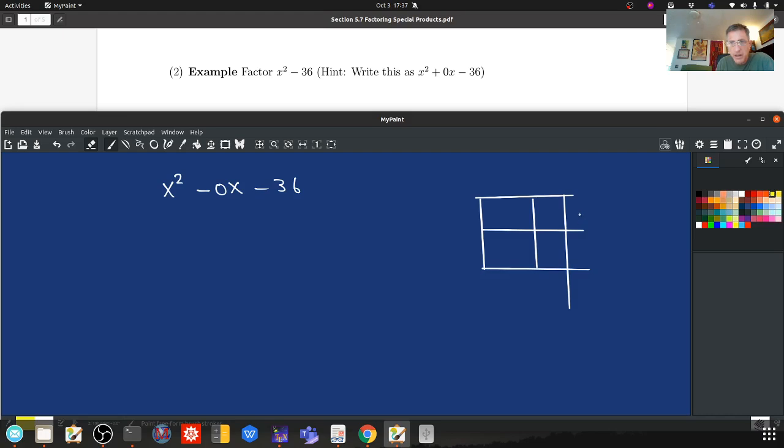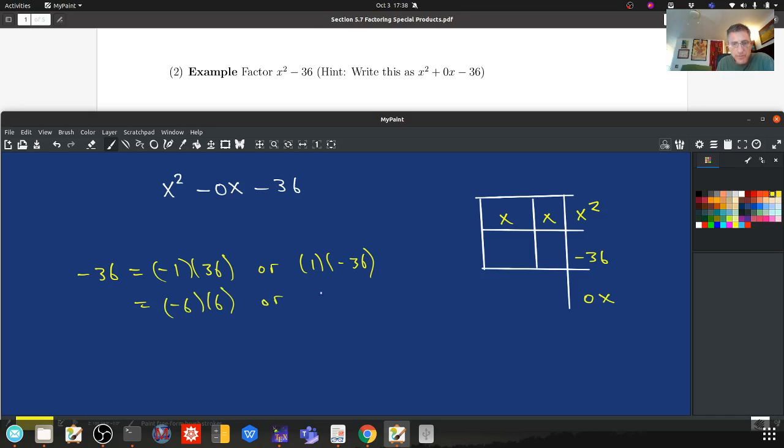So I have x squared up here, then minus 36 here, and 0x here. So again, that's going to be x times x, and minus 36 is equal to minus 1 times 36, or for that matter, 1 times minus 36, or it's equal to minus 6 times 6, or 6 times minus 6.